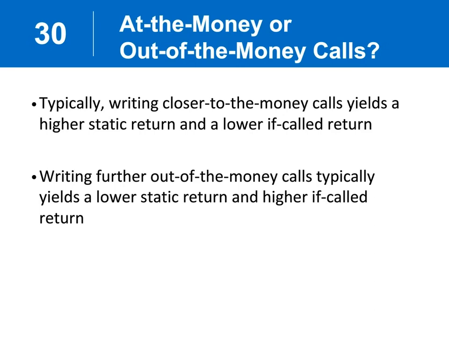So typically, the closer the strike is to being at the money yields a somewhat higher static return and a lower if called return, whereas if we're writing an out of the money, typically we're going to yield a lower static return, but a considerably higher if called, because the out of the money leaves far more room for income to be generated in the price of the stock to that strike.